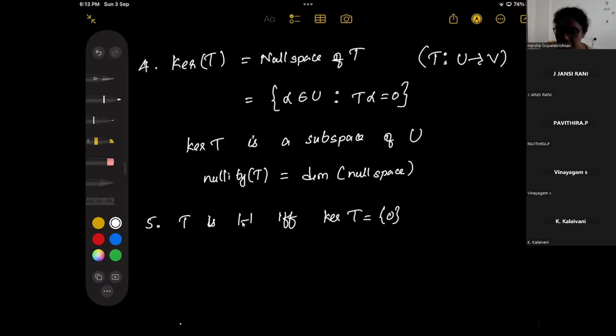This T is a 1-1 map if kernel of T equals 0. Kernel of T, we told it is a subspace of this U. If we are getting kernel of T as 0, we can say T is 1-1. Conversely, if T is 1-1, we can say that the null space of T is the trivial space 0. Is that clear?